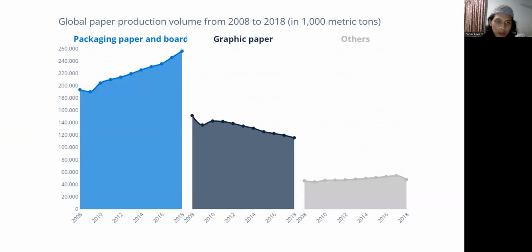You can see from the graph, the packaging paper and board is increasing from 2008 to 2018, but the graphic part is decreasing, and others are maintained or have a little bit of increase from 2008 to 2016, but a little bit decreased to 2018.